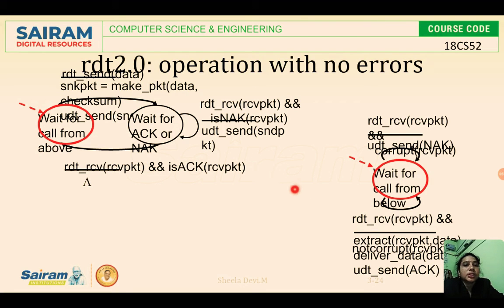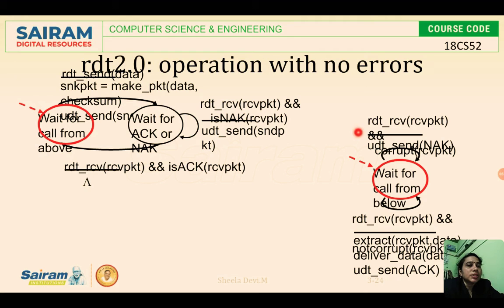As soon as the transport layer of the sender creates the packet and sends it to the receiver, the receiver receives the packet.